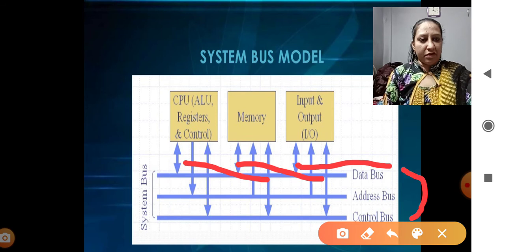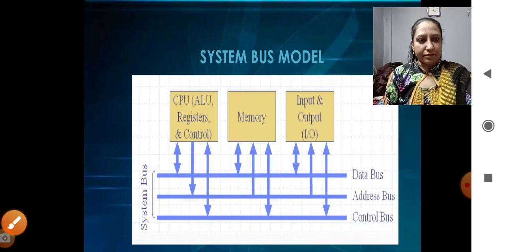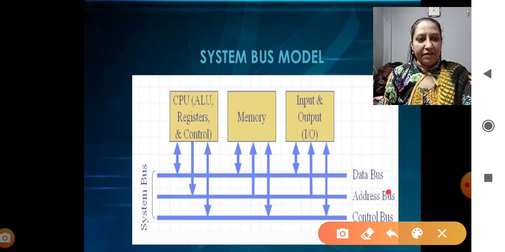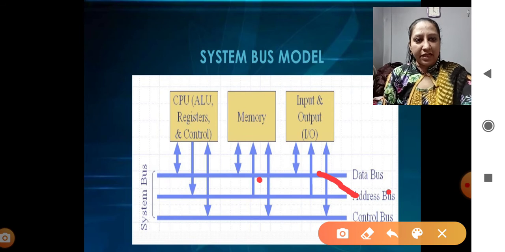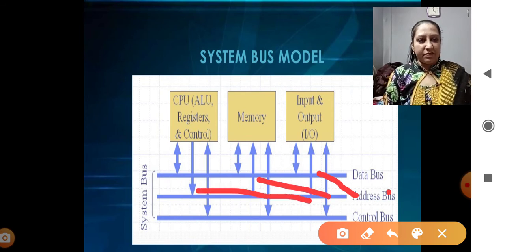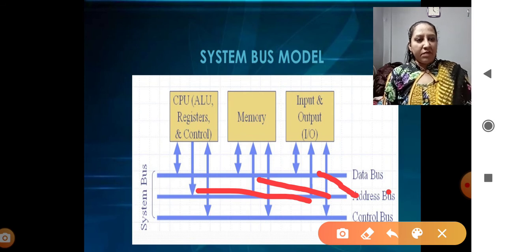Whereas in case of address bus, if you see the arrow sign of the address bus, the arrow signs are unidirectional. What do I mean by unidirectional and bidirectional?